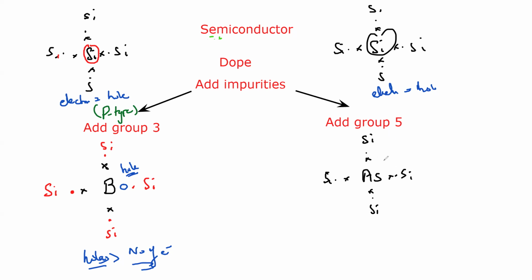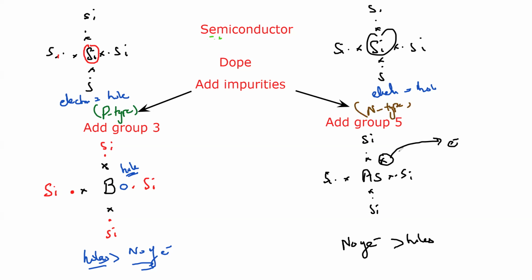But because arsenic is a group 5 element, one of the electrons is free now and this electron will go out. These types of semiconductors will have more electrons. The number of electrons is greater than the number of holes. We call these types of semiconductors N-type semiconductors.